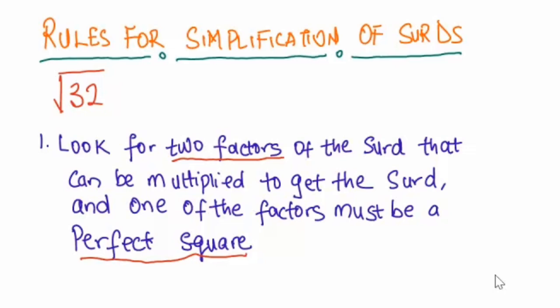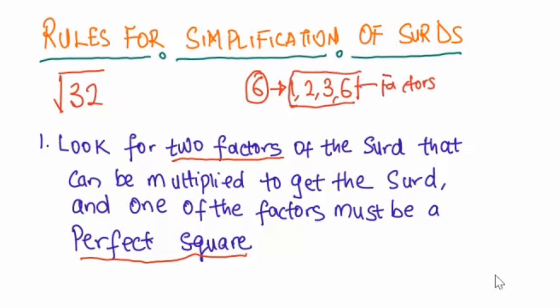When we talk about factors, they are just numbers that can divide another number. For example, let's say we have 6. The factors of 6 are 1, because 1 can divide 6, 2, 3, and then 6. So these numbers that I just listed are the factors of 6. But 8 is not a factor because you cannot divide 6 by 8 to get a whole number.